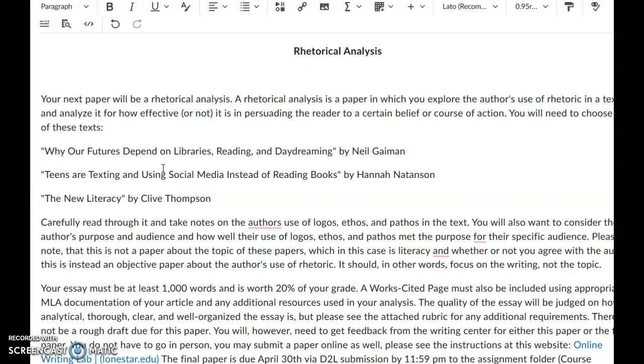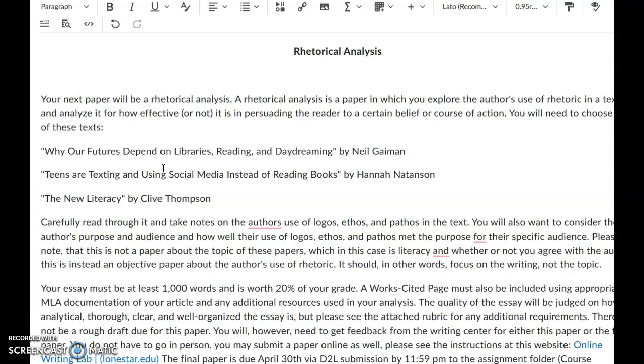This is not a paper I necessarily pick. This is one that I've been instructed that I have to teach to first-year writing students. Any college you go to throughout all of Texas, you will have to do a rhetorical analysis in a first-year writing class.